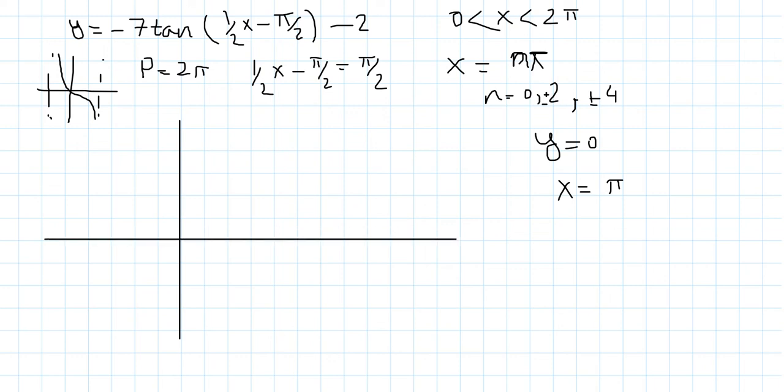Let's draw the asymptote. This is my asymptote. No need for this part, because it said it is between 0 and 2 pi. Here is minus 2 pi. Let's draw it better.